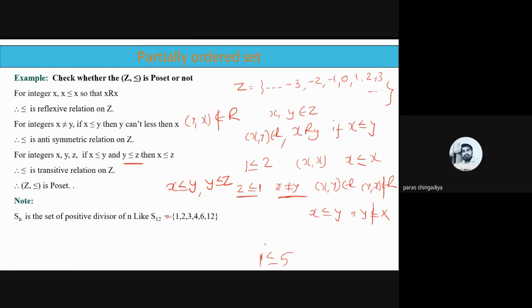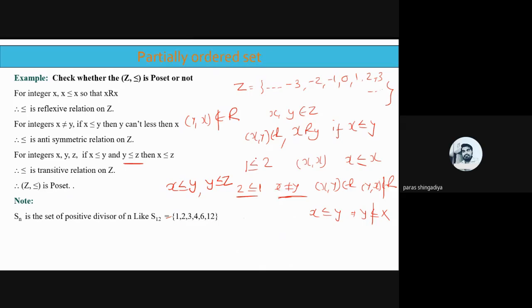The values include 1, 2, 3, 4, 6, 12. These are known as the divisors of 12, because we can divide 12 by 1, by 2, then 3, 4, 6, and 12. So these are the numbers in this set which divide 12: 1, 2, 3, 4, 6, 12.